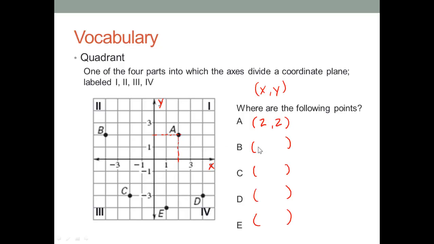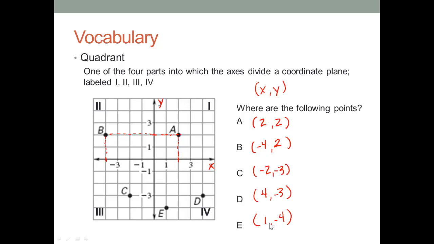B is at negative 4, and again, just 2, positive 2. And then for C, we're at negative 2, negative 3. For D, we're at positive 4, negative 3. And for E, we're at 1, negative 4.